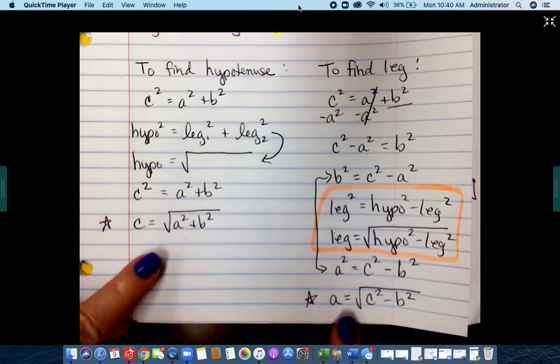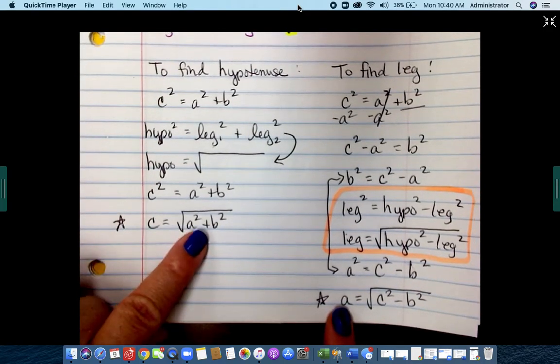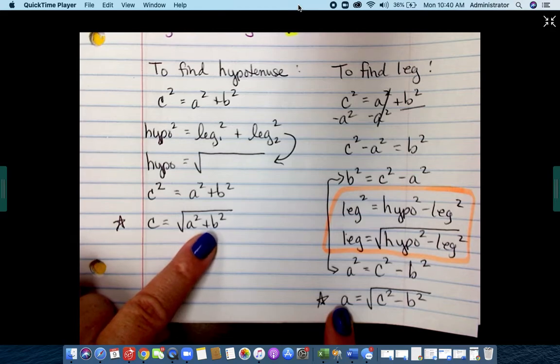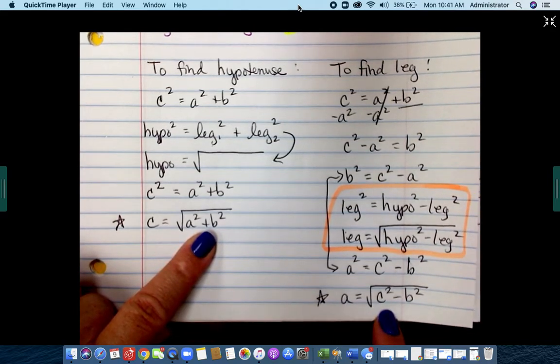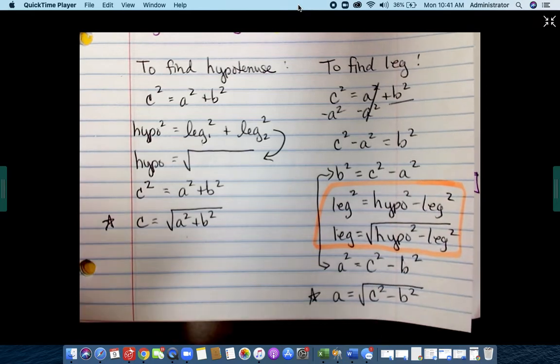Similar to here, to find the hypotenuse, C will equal the square root of the sum of the squares of the legs. And to find a leg, it will be equal to the square root of the difference, the hypotenuse squared minus a leg squared.